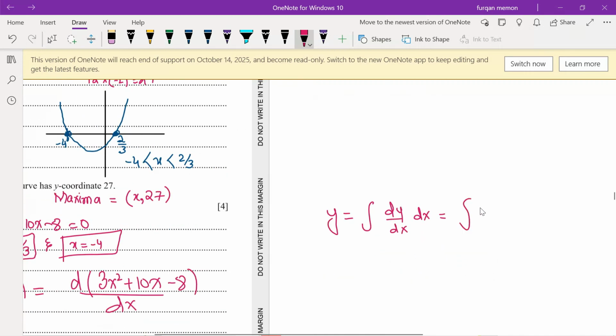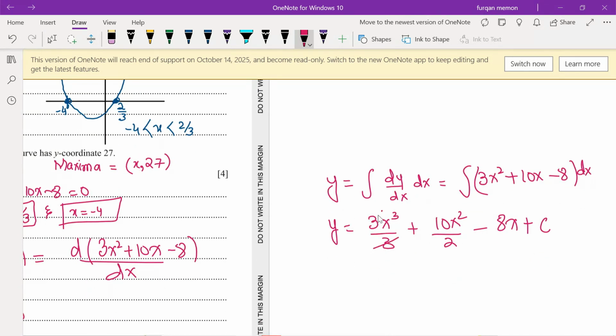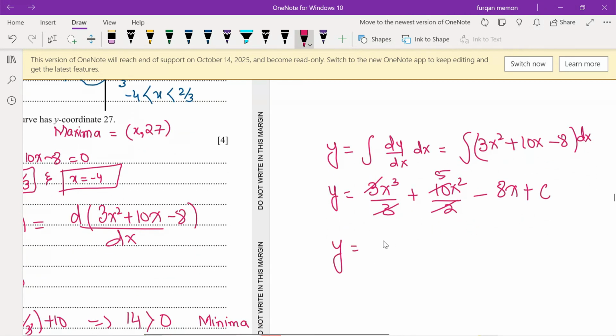Integrating, we get 3x cube over 3 plus 10x square over 2 minus 8x plus c. The 3 cancels out and 10 over 2 is 5. So the curve equation is x cube plus 5x square minus 8x plus c.